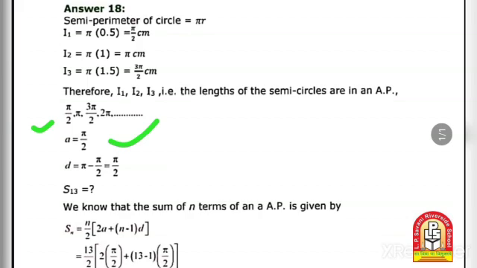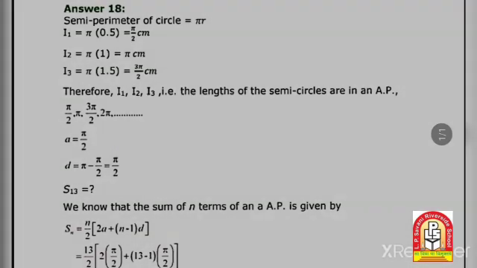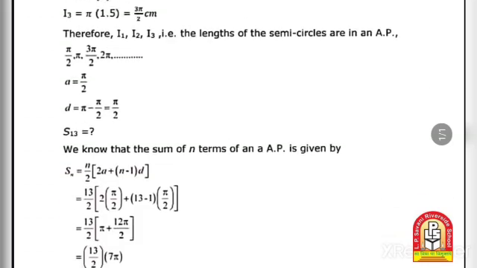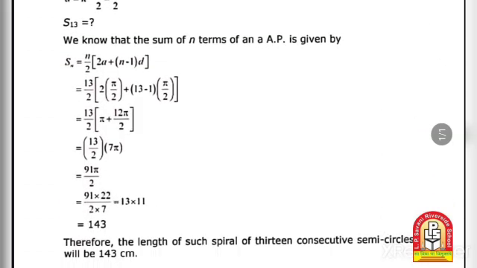So a is equal to pi by 2 and d is equal to pi minus pi by 2, that is pi by 2. Here you have to find S13. We know that the sum of the n terms of an arithmetic progression is given by Sn is equal to n by 2 into bracket 2a plus n minus 1 into d.